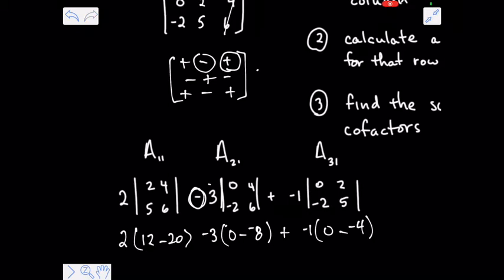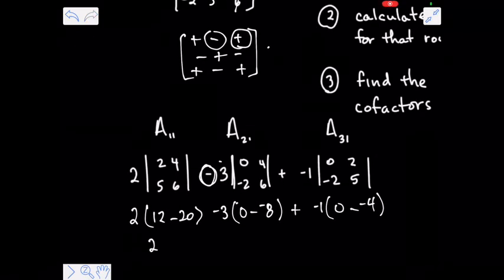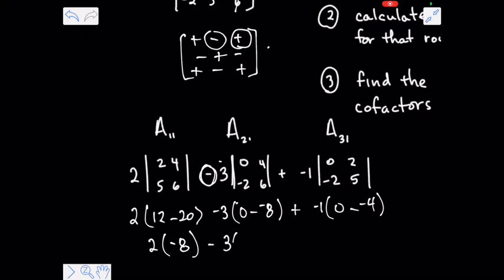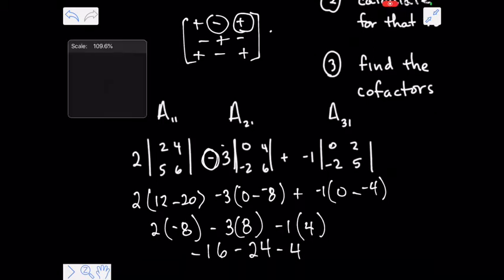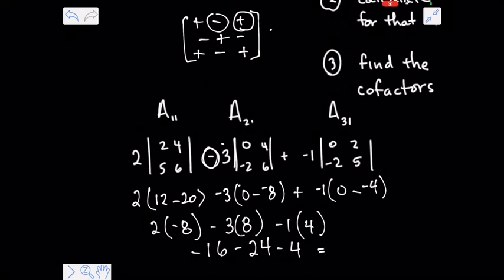So we have 2 times negative 8 minus 3 times 8, and then plus negative right there is minus 1 times 4, which is negative 16 minus 24 minus 4, which is negative 44.